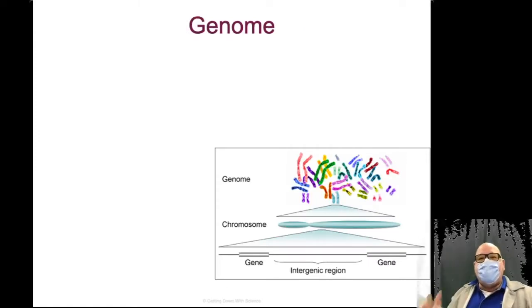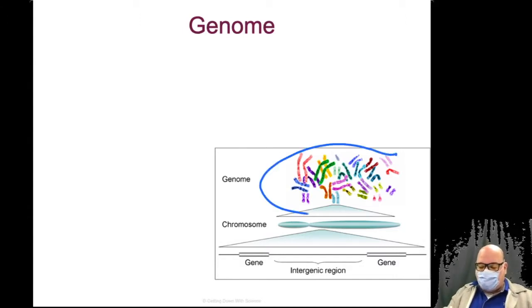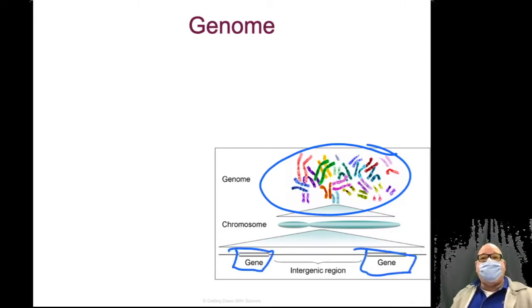Now, just a little talk about genetics here. A genome is everything, all the information in all of an organism's DNA. That's going to be represented with multiple chromosomes. And then down in the chromosomes, we may have genes for certain proteins. So don't mix up gene and genome.